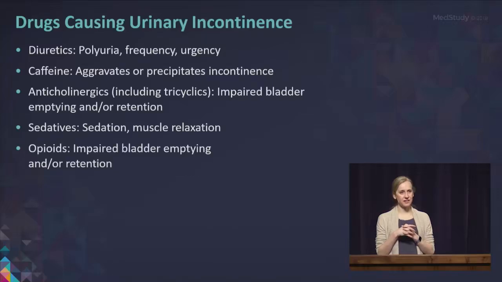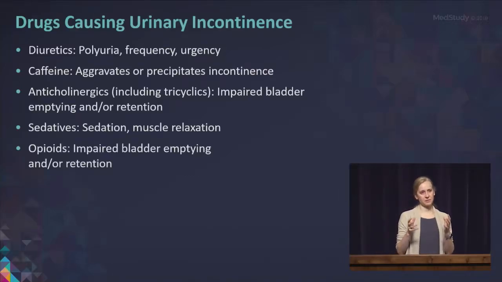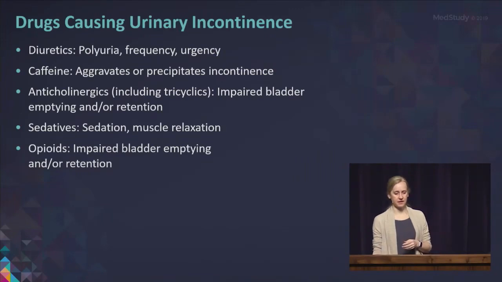Caffeine can also aggravate it, both because it's a diuretic and because it increases the spasms of the detrusor muscle. Anticholinergics interfere directly with the ability of the bladder to function, and so they can cause retention of the urine. Sedatives can cause muscle relaxation and incomplete bladder emptying, and then opioids, for the same mechanism as above.